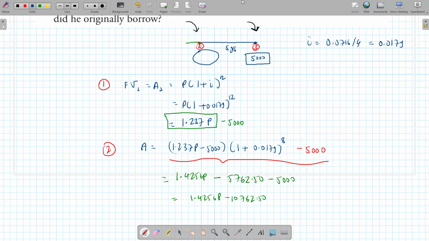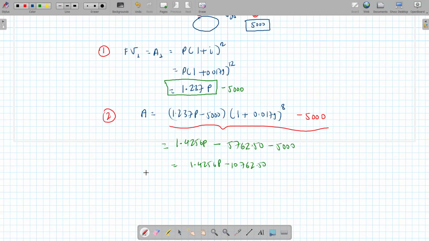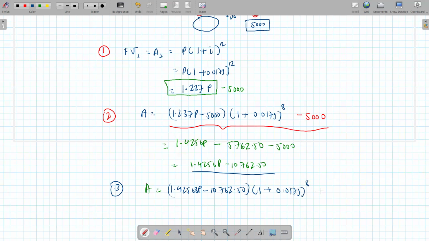We're going to find its future value. So at 3, we know it's going to be the exact same thing, except now this is your principal amount: 1.42568P minus 10762.50 times this amount. And you subtract this.